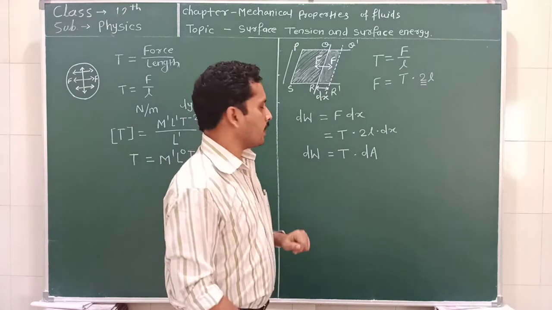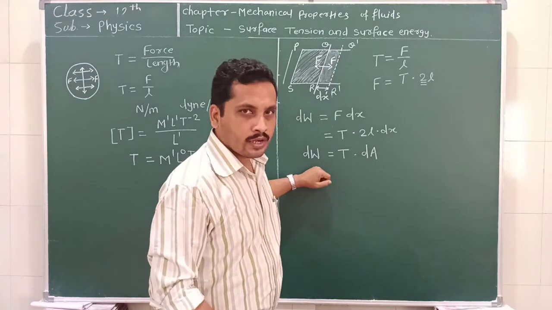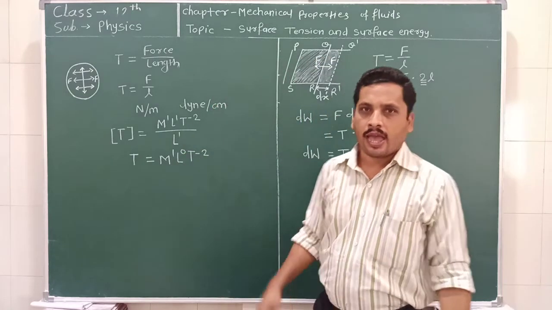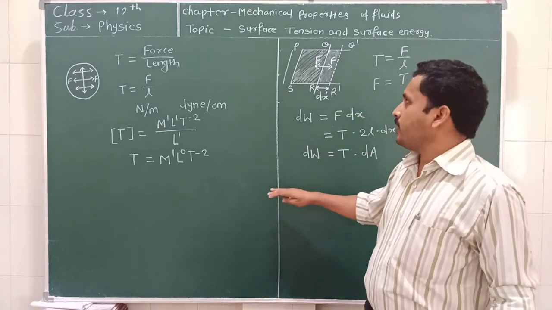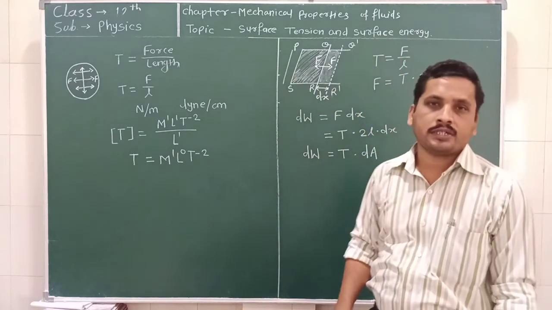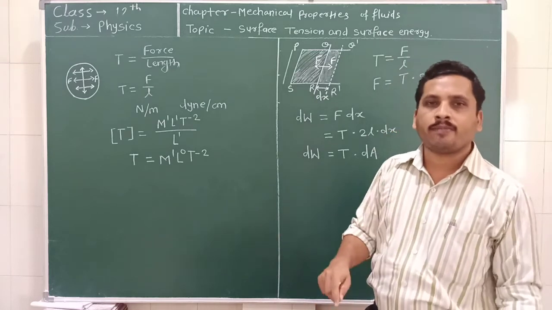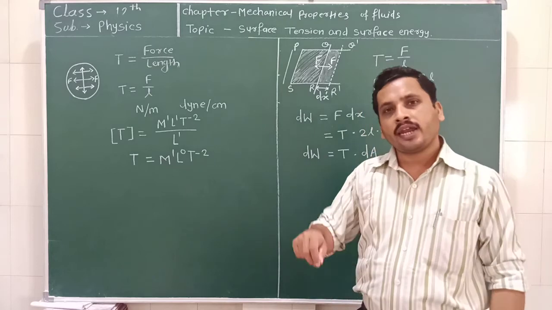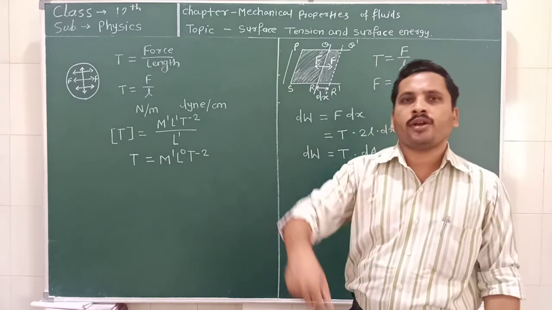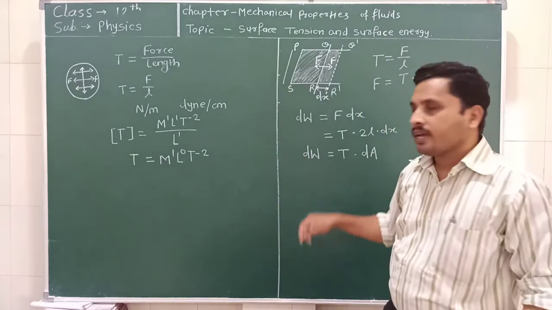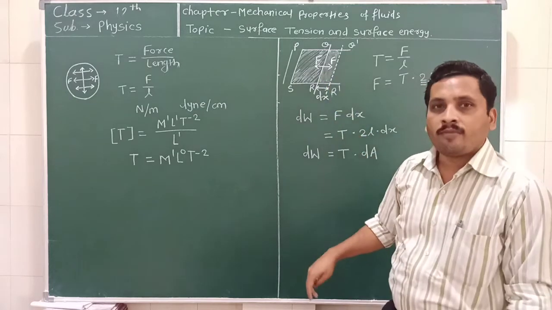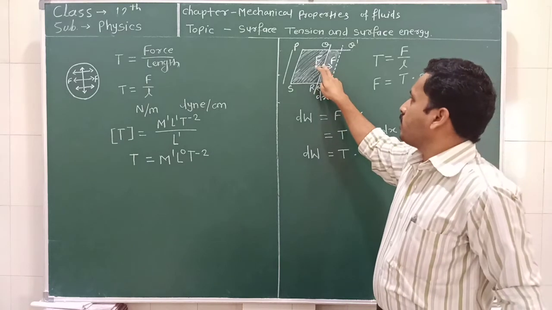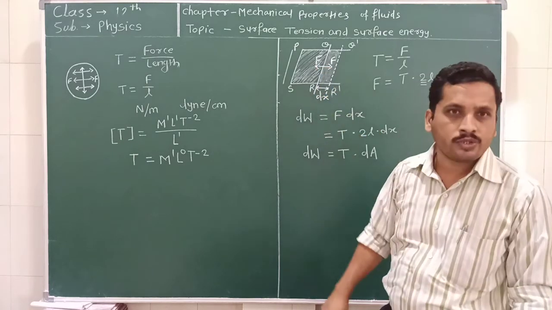But this work done is stored in the form of energy. As we saw earlier in the definition of surface energy, surface energy is the energy of a molecule when it is brought from the bottom of the liquid to the surface of the liquid. Here we are doing the same thing. We are increasing the surface area, bringing molecules from this position to this position.